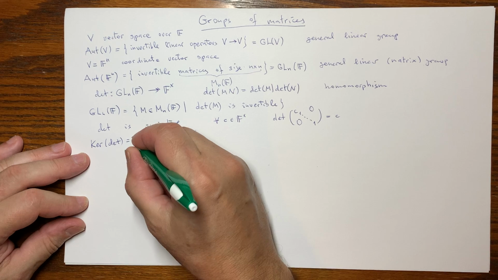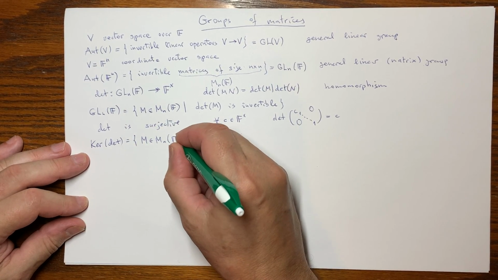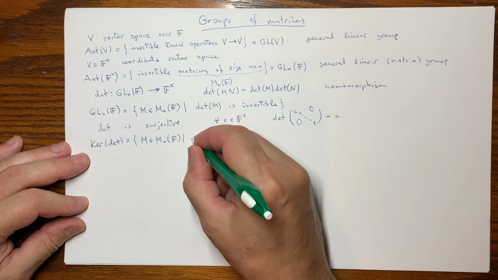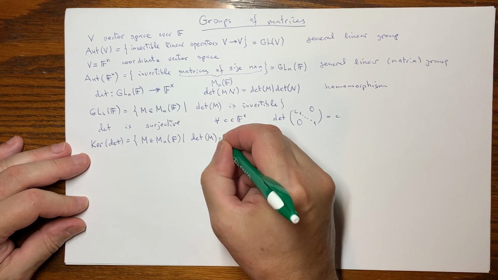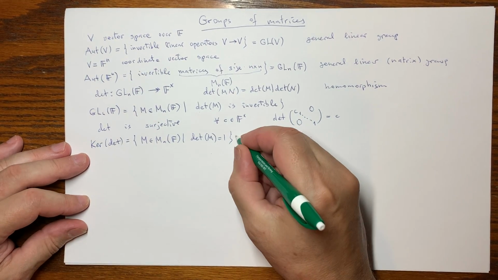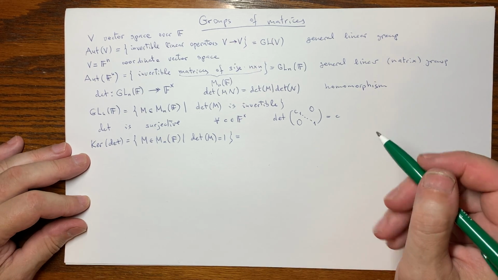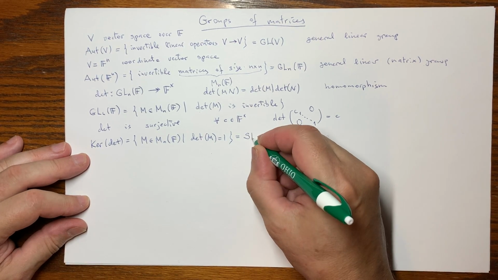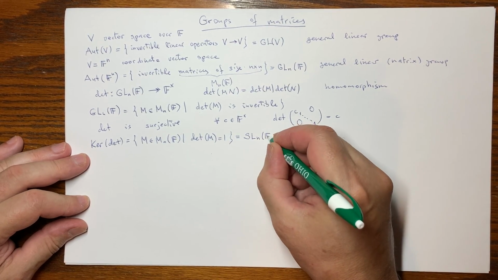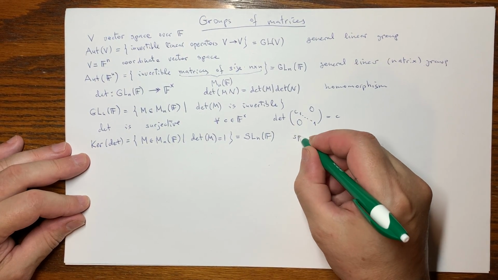It will consist of all matrices which have determinant 1, just literally the definition of the kernel. The compact notation for this normal subgroup of the general linear group is SL_n with coefficients in F, and the name is the special linear group.